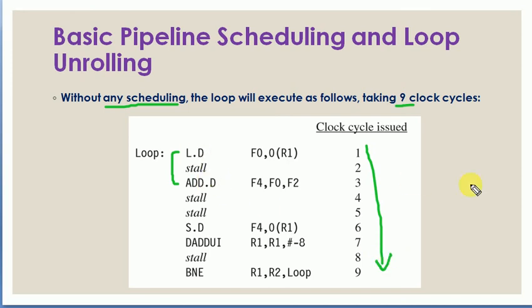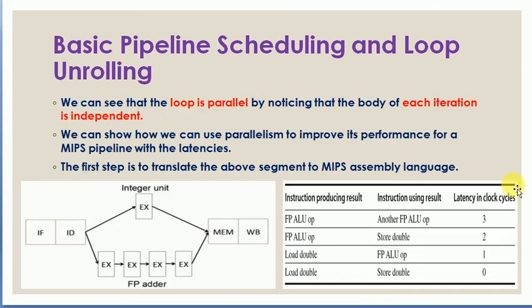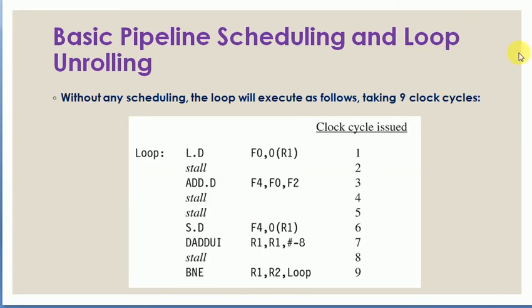Going back to the previous diagram, between a load and add we have a 1 clock cycle delay, given as a stall. Similarly between an add and store there are 2 stalls, already given in that table. So 2 cycles are wasted.